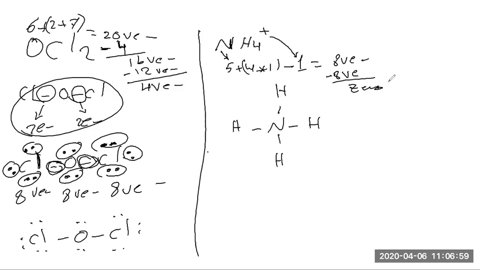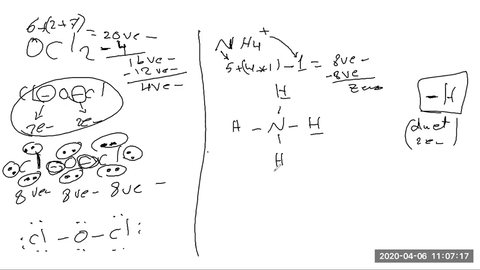That's it. Now we need to check if each of them achieves the octet rule or not, except hydrogen, which will be satisfied with 1 bond. The duet rule, we call it. Just 2 electrons. Each hydrogen here achieves the duet rule. Nitrogen has 4 bonds, so it achieves the octet rule. 1, 2, 3, 4 bonds times 2, 8 valence electrons.